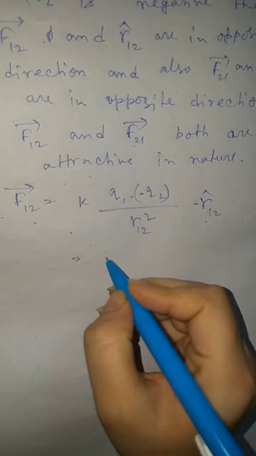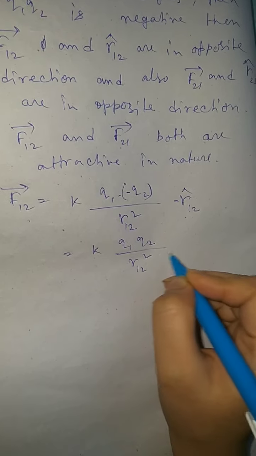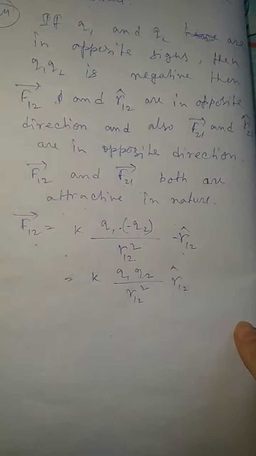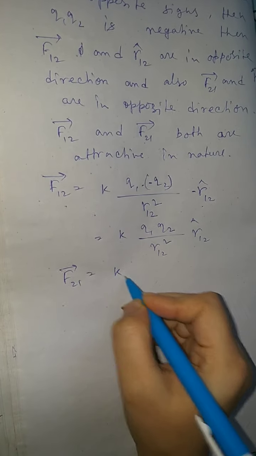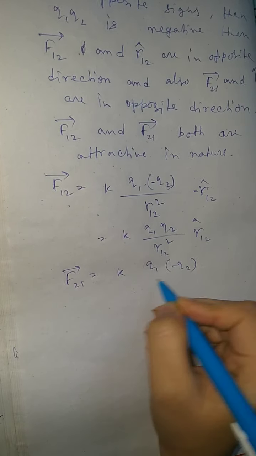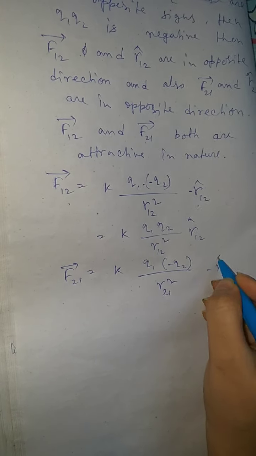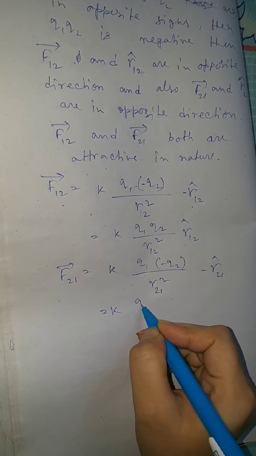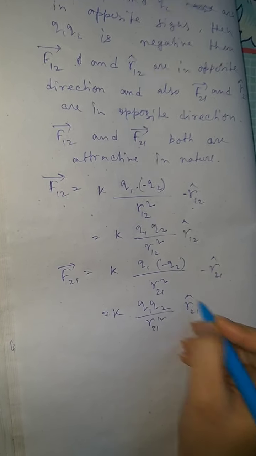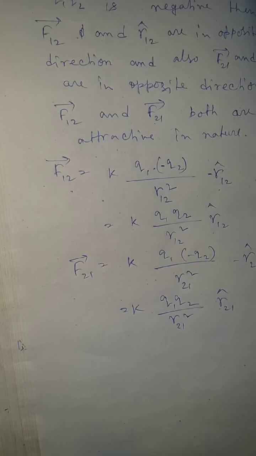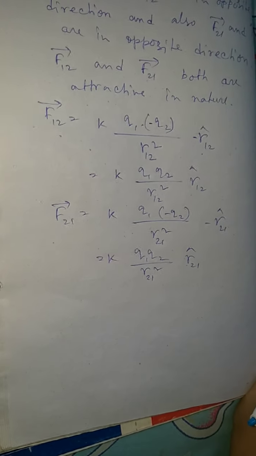So now we get K Q1 Q2 by R12 square R12 cap. And F21 vector equals K Q1 minus Q2 by R21 square into minus R21 cap. So K Q1 Q2 by R21 square R21 cap. Okay, so this is the formula of F12 and F21 vector.